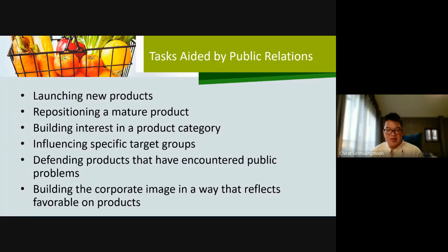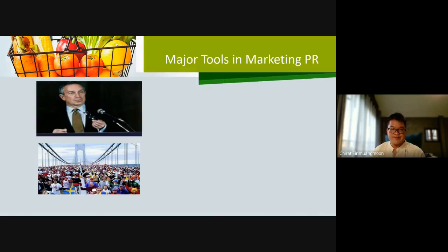Building the corporate image in a way that reflects favorable products. Not just the product has an impact on purchase, the image of the company also has an impact. So you're trying to create a good corporate image, which is going to be good for your company and also your products.